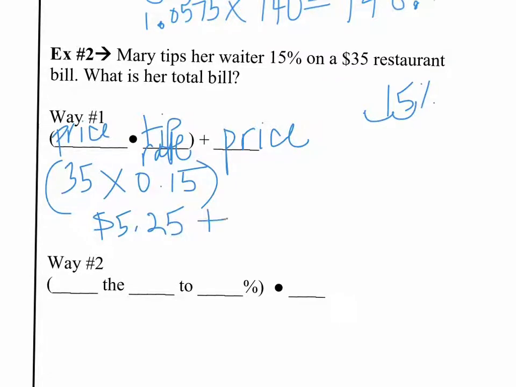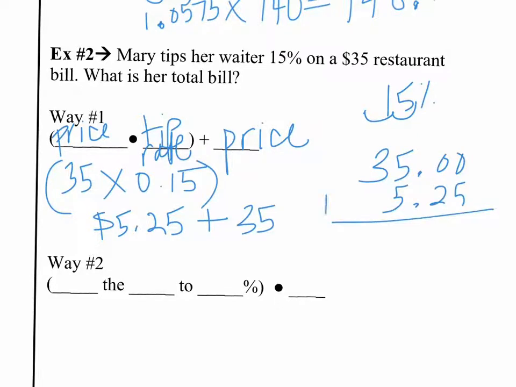Add that to the price of the meal for $35. $35 added to the $5.25, you would get a total of $40.25.